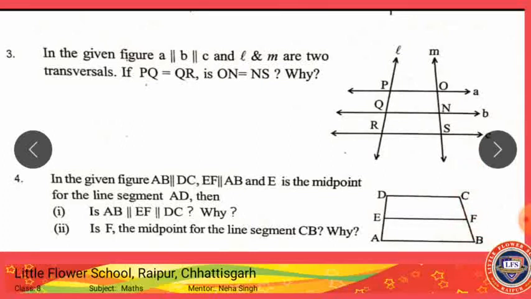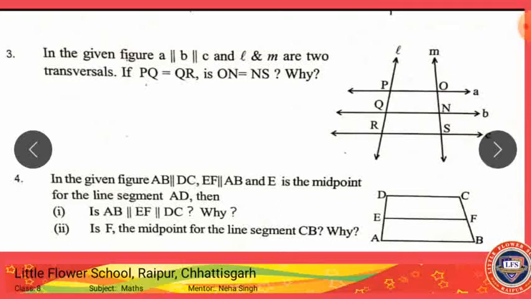So since AD and ED are equal, why? Because it is given that E is the midpoint of AD. Similarly, F will also be the midpoint of BC, that is FB and CF will be equal. Why?